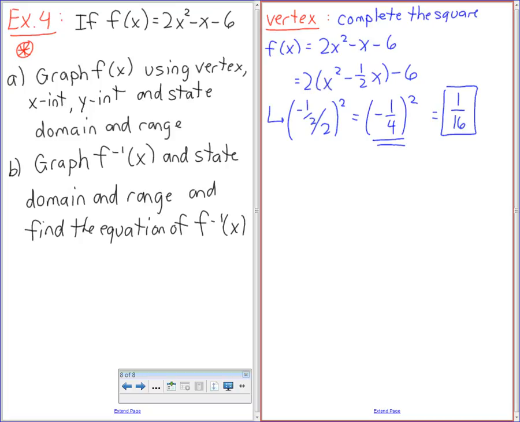Very good. So it's going to be 2 brackets x squared minus 1/2 x plus 1/16, minus 1/16, minus 6. Okay, what comes next after that? Yeah, okay.